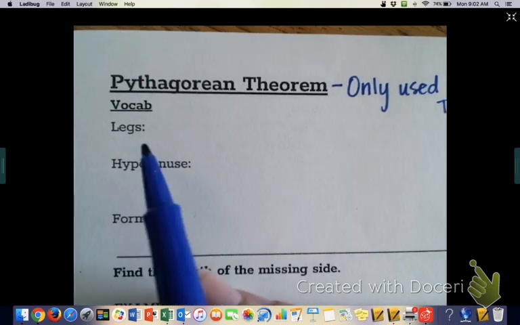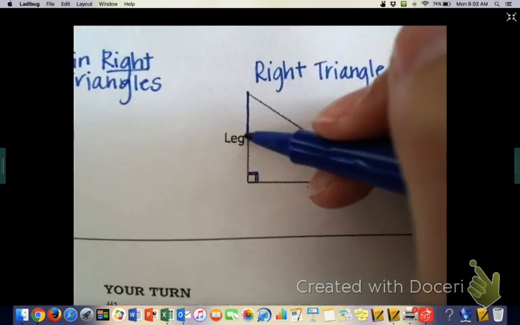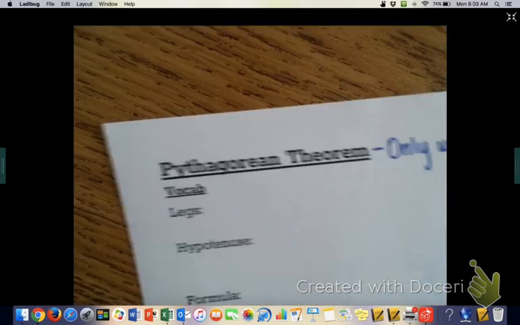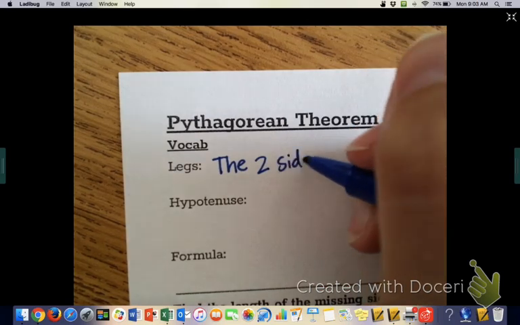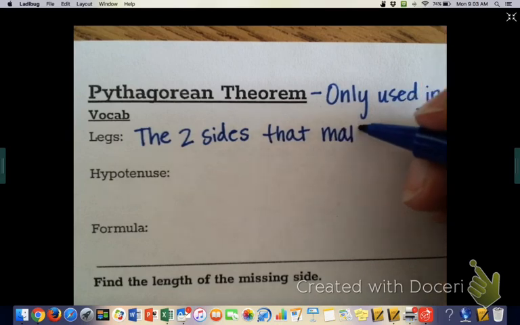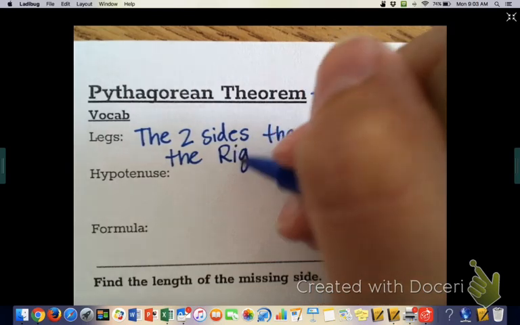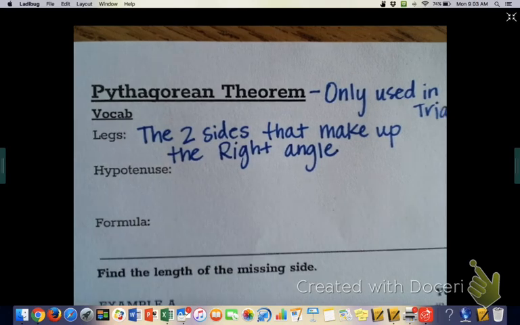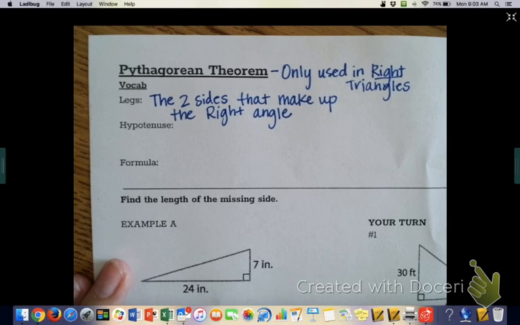Okay, the legs, if you look at your picture over here, the legs are the two sides that make up the right angle.